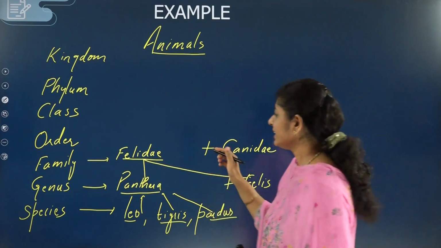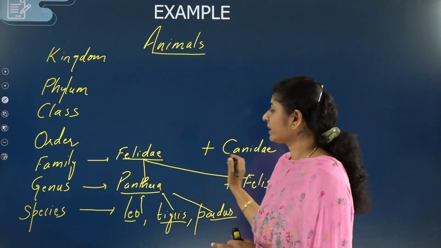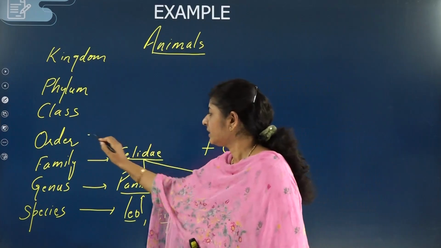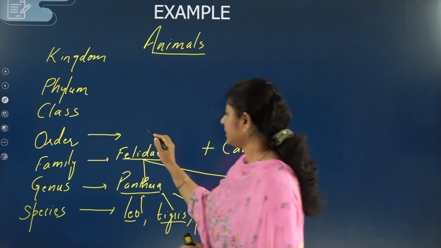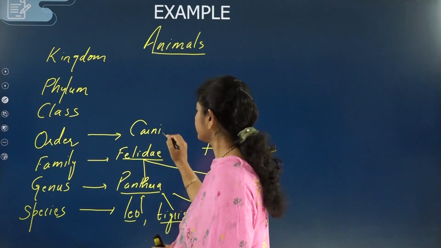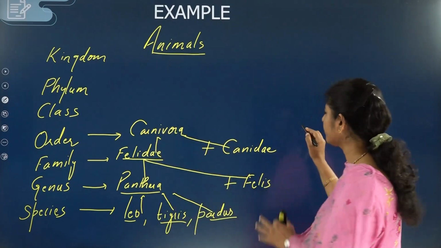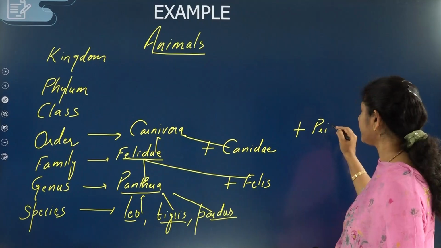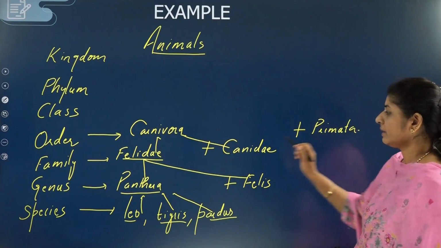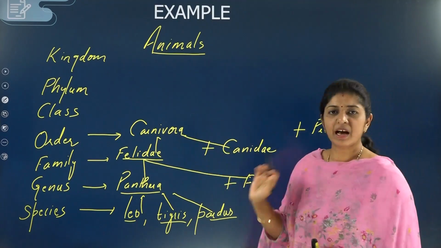Can I say, being similar in characters, these categories are kept under the same order, that is Carnivora, right? Which is different from another order which you are taking, Primata. Felidae and Canidae come under Carnivora.